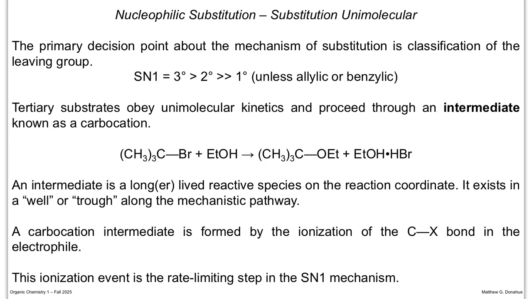So our SN1 rate now is flipped. So tertiaries react faster than secondaries, and essentially primaries, unless they're allylic and benzylic, do not undergo this mechanism.